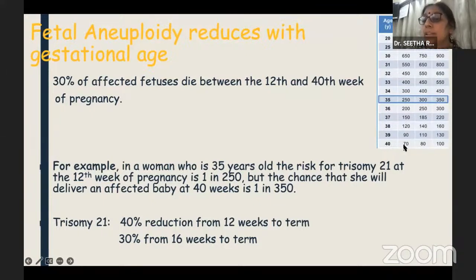Similarly, the risk at 12 weeks is 70, but it reduces to 100 at term. So if a lady has missed her aneuploidy screening in the first trimester and by chance comes in the second or third trimester, by the law of natural selection the chance of this baby having aneuploidy is less, because it has survived that part and has come to this gestational age. That is another way of counseling when you look for these markers.